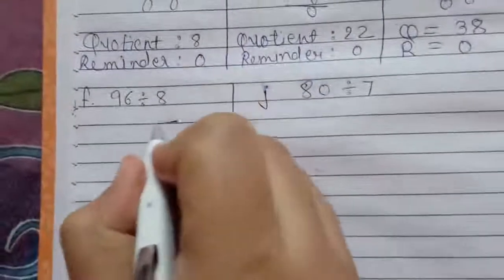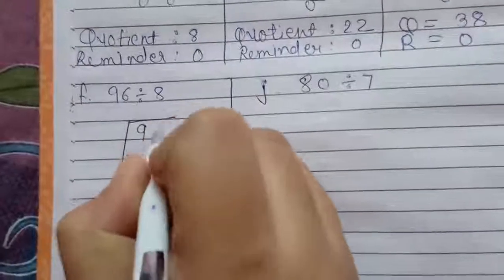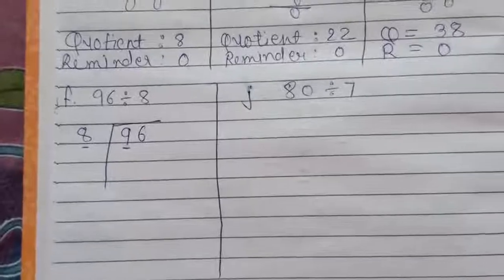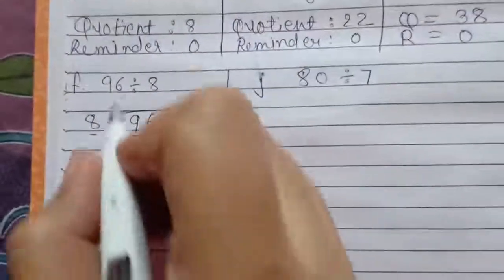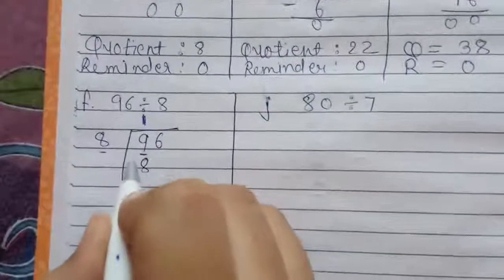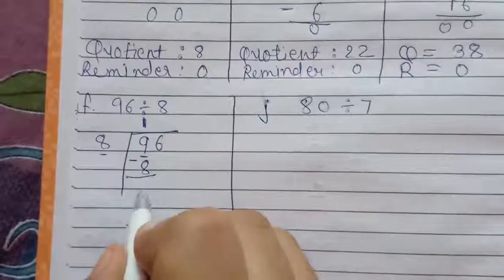Now F, 96 by 8. Here is 9, here is 8. So we will divide one digit. 8 1s are 8, 8 2s are 16. So we have to take 8 1s are 8. 9 minus 8, 1.